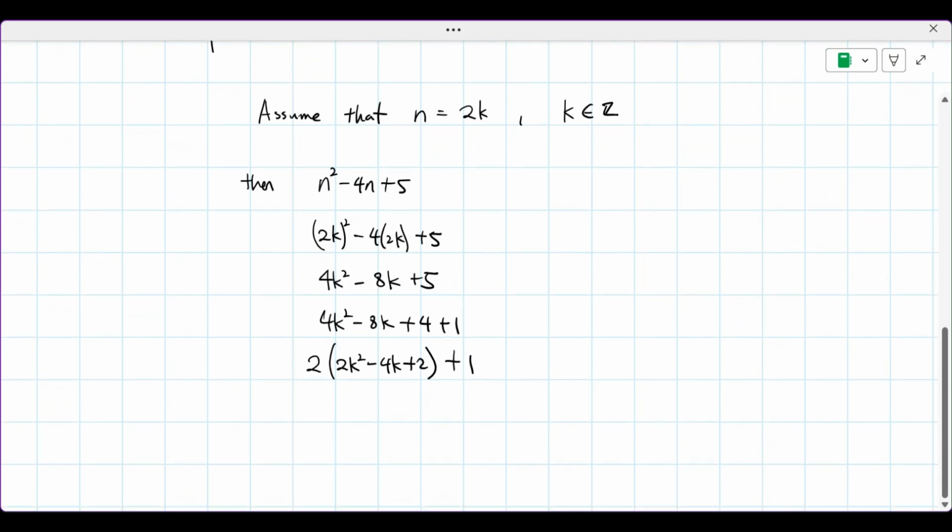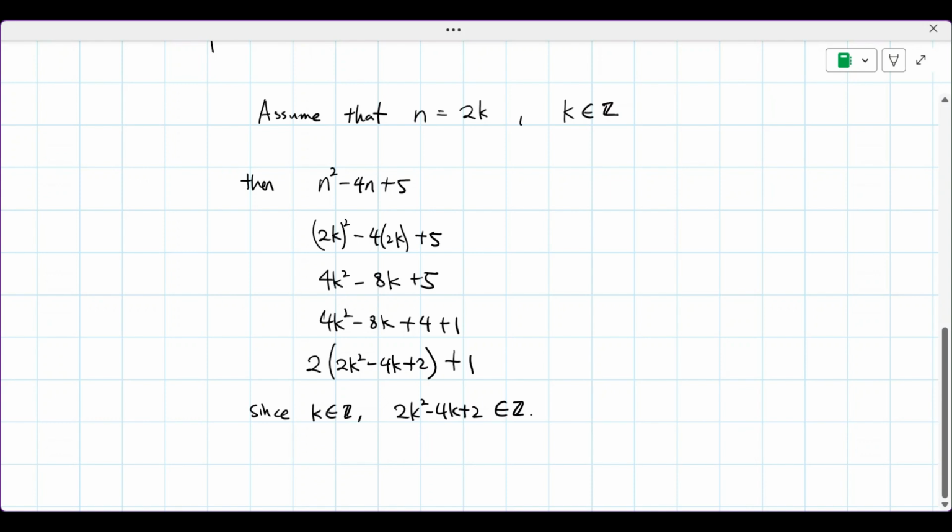This is a proof that n squared minus 4n plus 5 is an odd value, because since k is an integer, then 2k squared minus 4k plus 2 is also an integer.